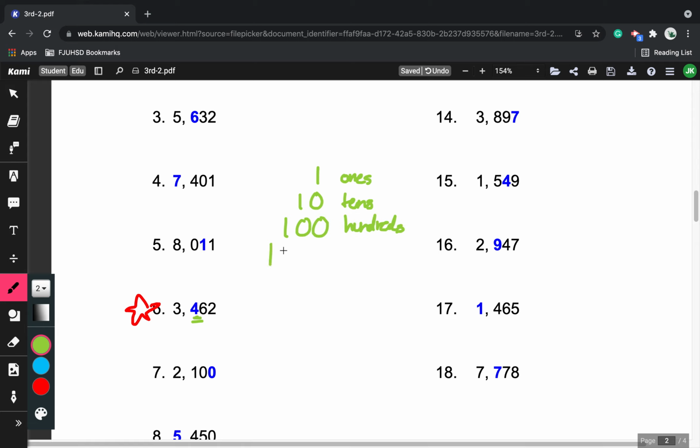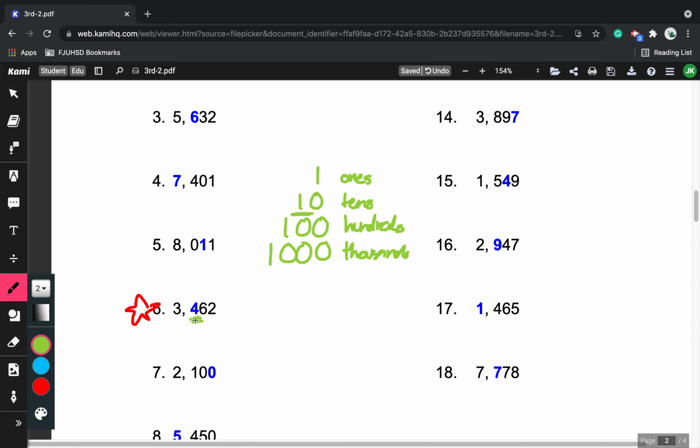Hundreds, and 1,000s. Let's just stop at 1,000s for now. Notice how every time there's a new value, there's an extra 0 added at the end. And the placement of the number right here is where that value is.